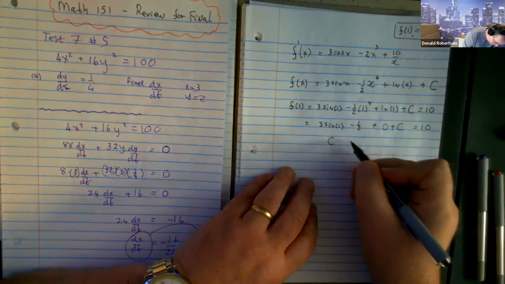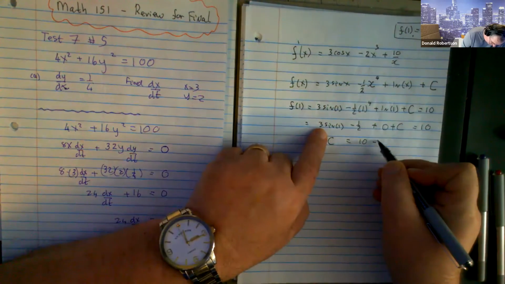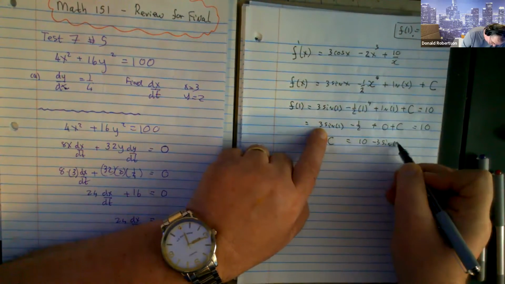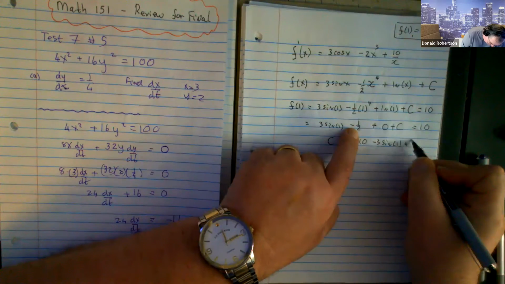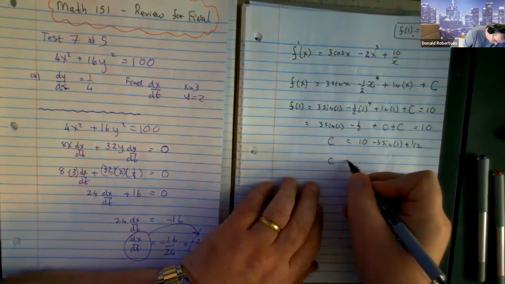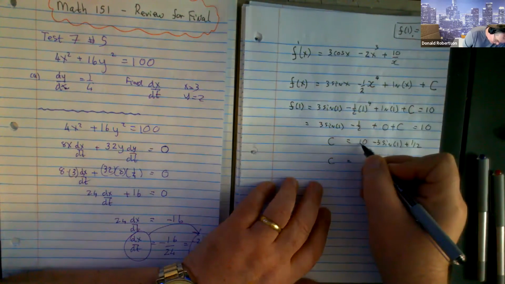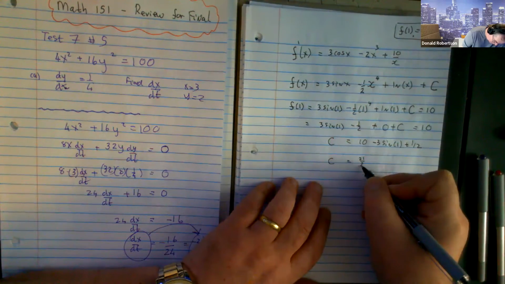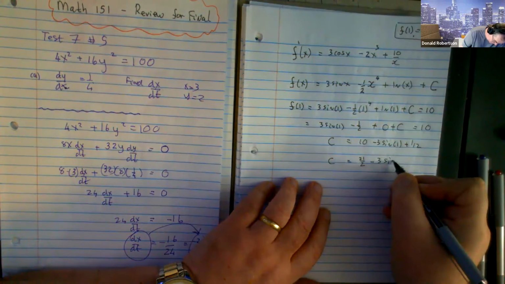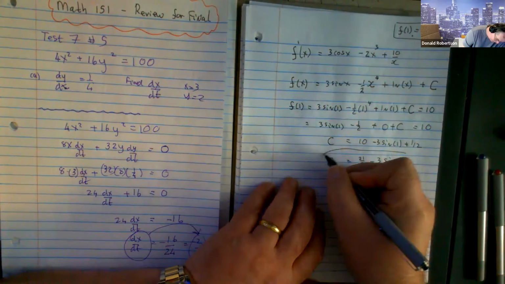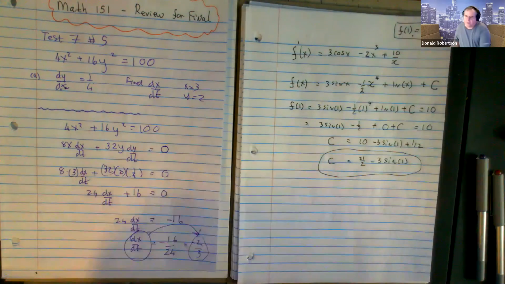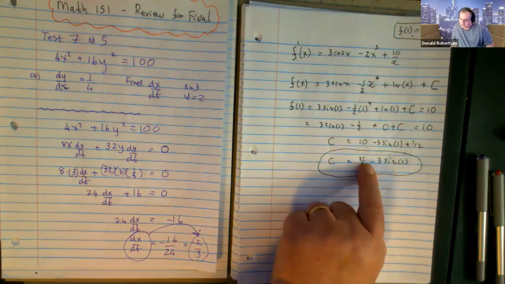Now, if you subtract 3 times the sine of 1 from both sides and you add 1/2, c ends up being, well, technically 10.5, but we call that 21/2. Not the prettiest answer in the world, but that's because I just made that up on the spur of the moment, but that is c.